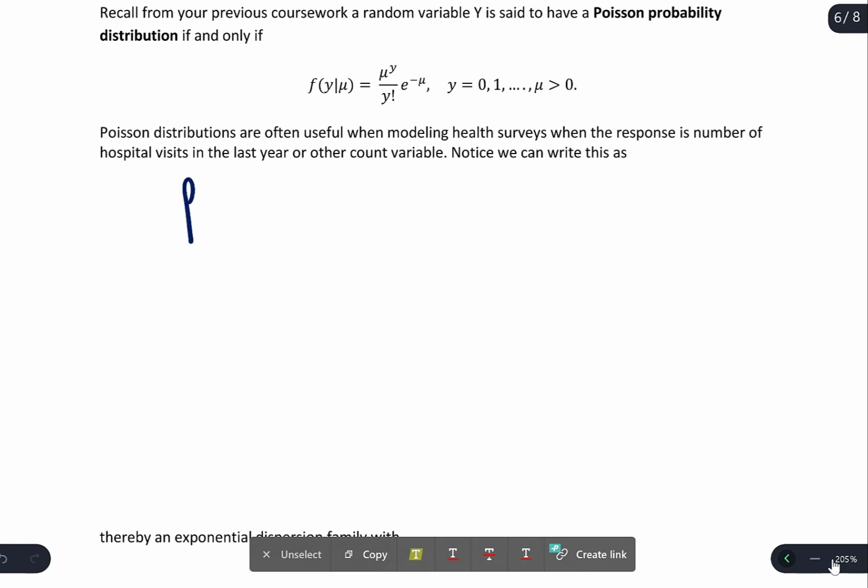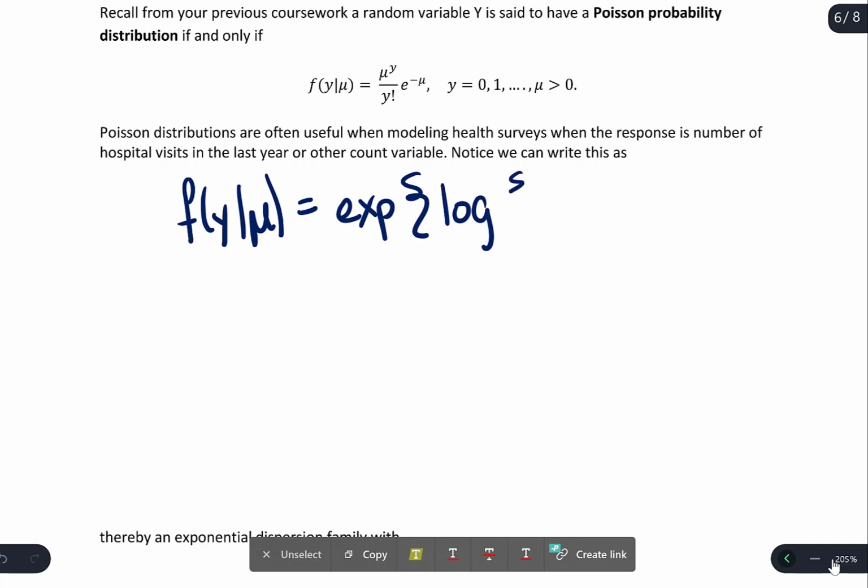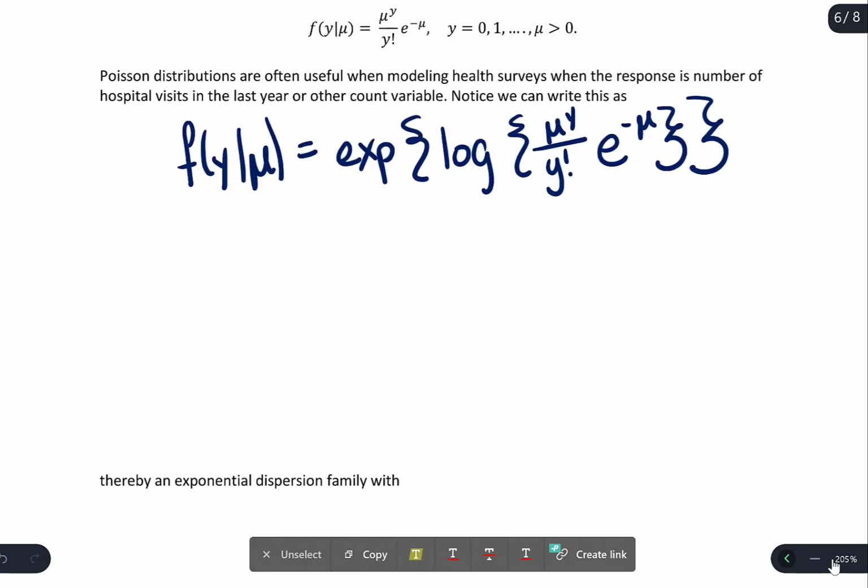So here, very similar to what we did before. This time I'm just going to go ahead and put everything up in the exponent because I know for this exponential dispersion family, that's how I'm writing these.